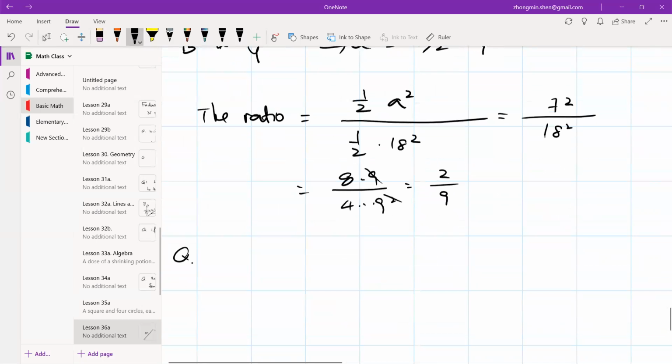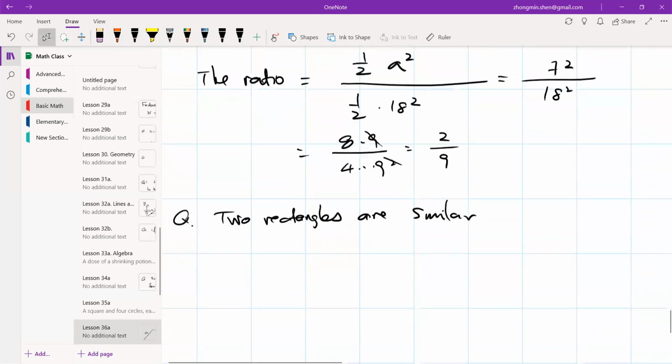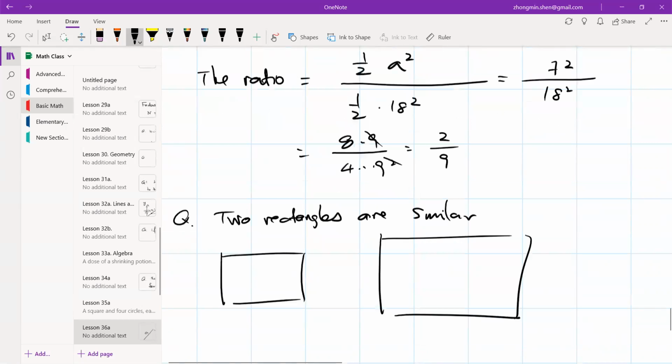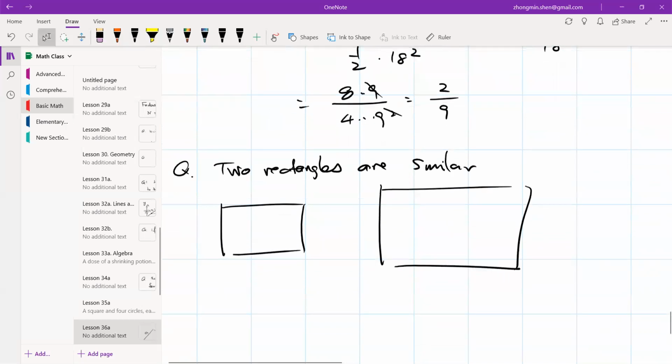Okay. 2 rectangles are similar. You see? Are similar. What do you mean? 2 rectangles are similar. Similar means the ratio of the width to the length is the same. Okay. So maybe one is larger, the other one is smaller. Okay, but they're similar. It cannot be like one is a square, the other one is a non-square rectangle.